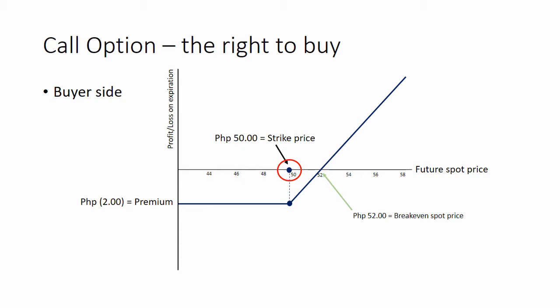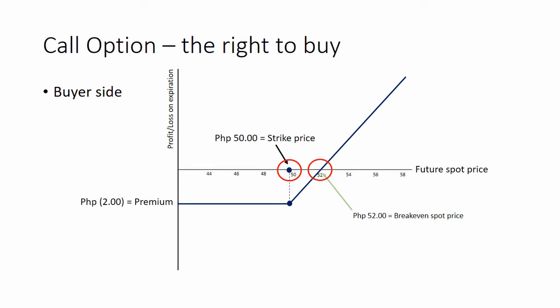Ideally, the firm should wait for the spot rate to be at 52 pesos per US dollar so that they can break even. It doesn't mean they get the 2 pesos back, but when the spot rate is at 52 pesos, in fact, as the spot rate goes further beyond 52 pesos, this benefits the firm more, and they will feel more the weight of the bargain of being able to buy cheaper compared to the market.